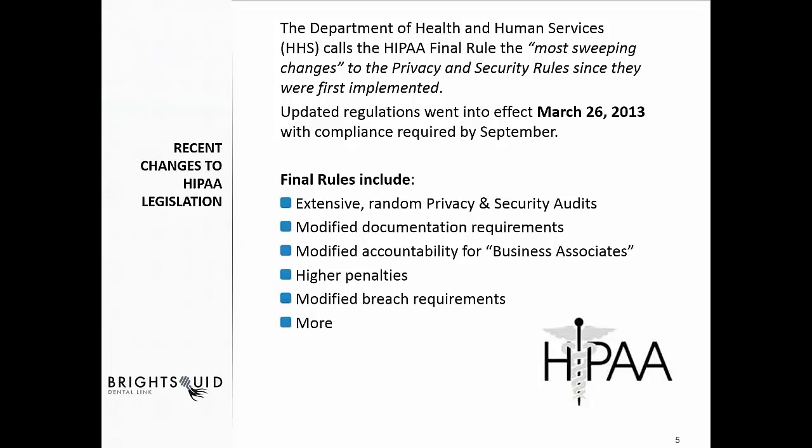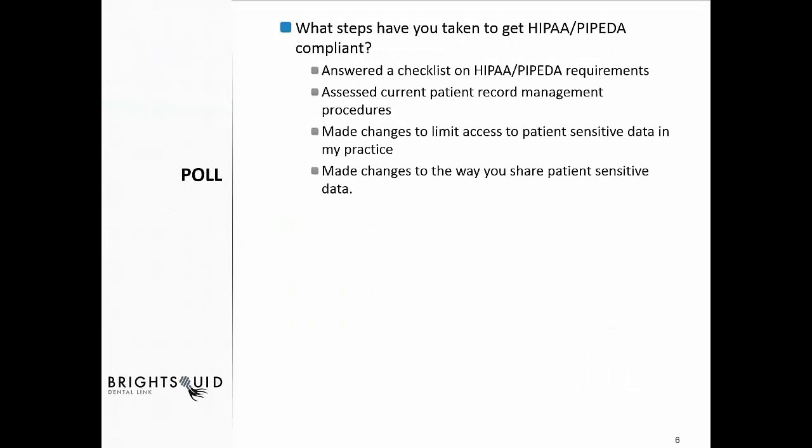So let's maybe start with the poll. We've got a number of people online, and I would like to know what steps you've taken to get to HIPAA, or in Canada, the PIPEDA compliance. So the first step that a lot of people might have taken is answer a checklist.